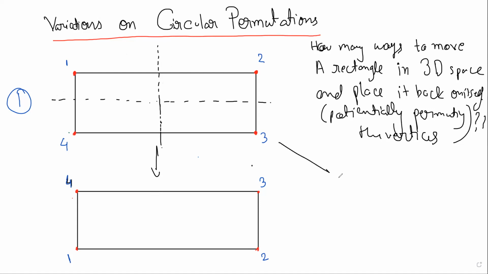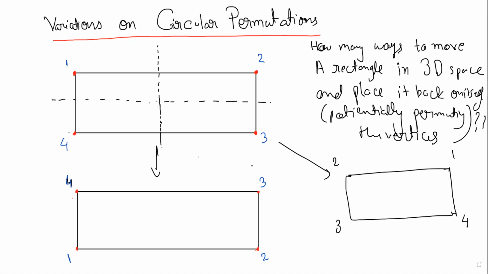So if you do that, just draw it in rough here, sketching. You'll get 2, 3. The challenge is are there any more? You see, all these movements are solid movements, and you're placing the rectangle back on itself by only potentially permuting the vertices and nothing more. Question is, are there any more?